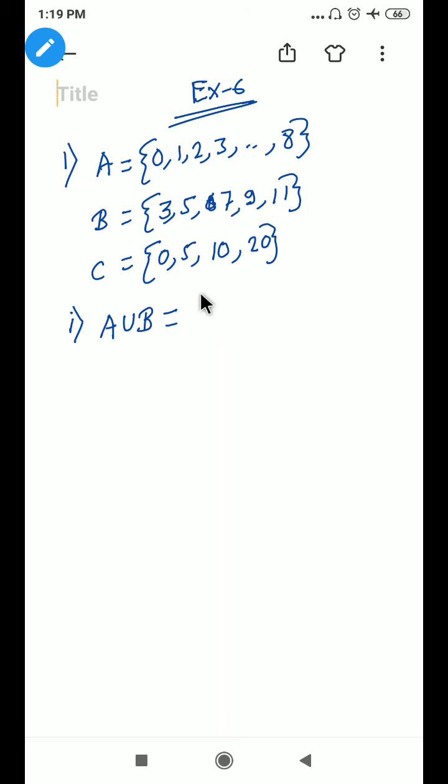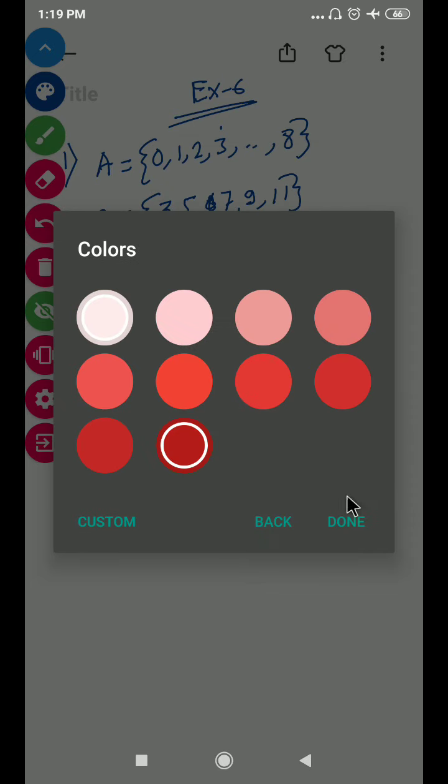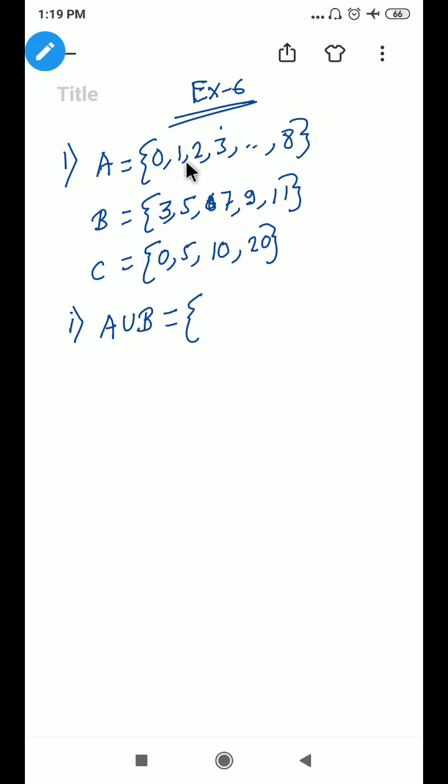So what is the meaning of union? Union means summation. So how to solve it? Firstly, write down those elements which are common in both sets. 3 is common here, 5 is also common because the elements of set A are 0 up to 8.